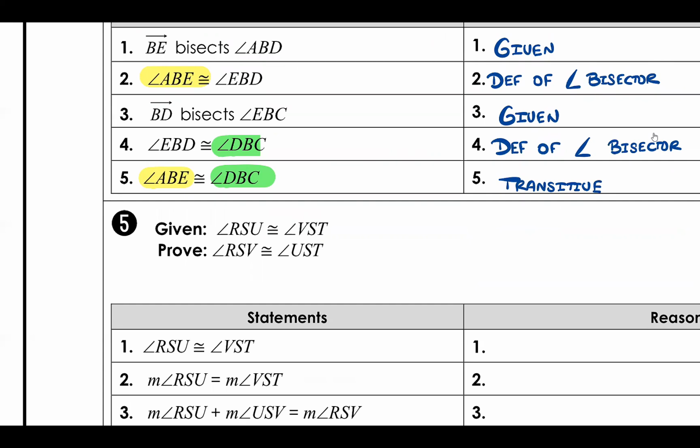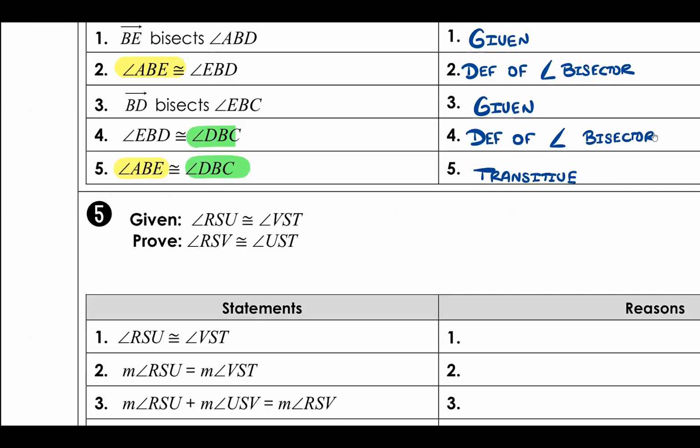So because they're both congruent to EBD, they must be congruent to one another. Again, substitution isn't necessarily wrong, because if you said EBD was substituted for ABE, you're not wrong. The more right answer is transitive. I'd probably give you full credit for it, honestly. But I'm going to show you the most right way.